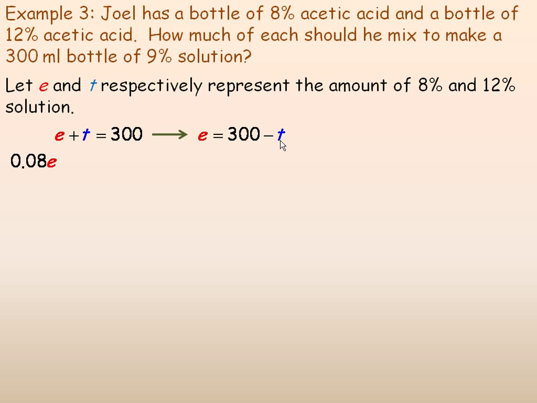Now the second equation involves the percentages 8, 12, and 9. So 0.08 represents 8% of the 8% solution. 8% of the E amount is the amount of acetic acid from that solution, plus 12% of the 12% solution, that's the amount of acetic acid from the 12% solution, and that must add up to 9% of the 300 milliliter solution.